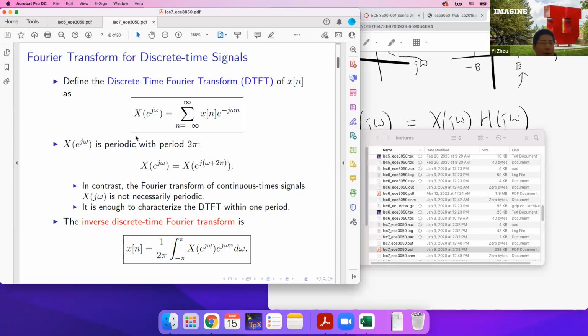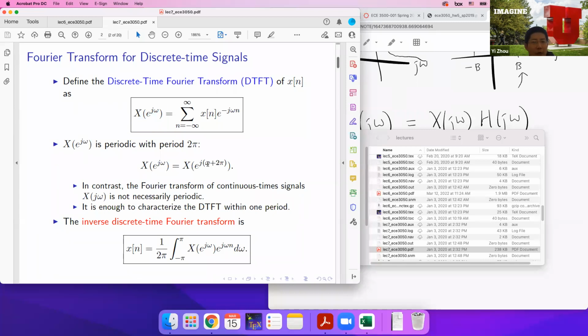And a key difference is that because of the discrete nature of the time index, the corresponding spectrum is periodic with a fundamental period 2 pi. So basically X(e^{j omega}) equals X(e^{j(omega plus 2 pi)}).